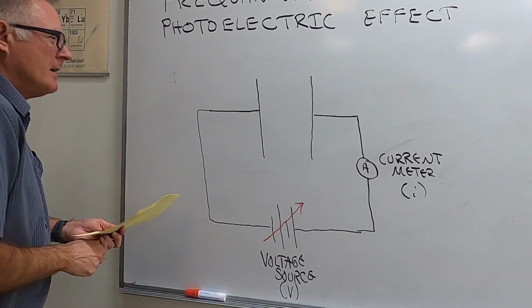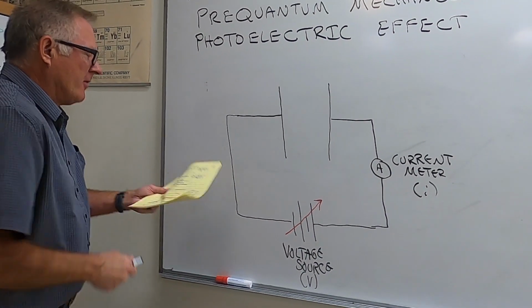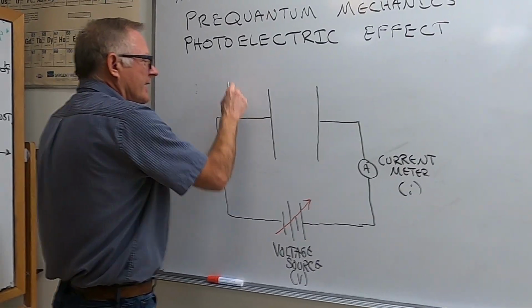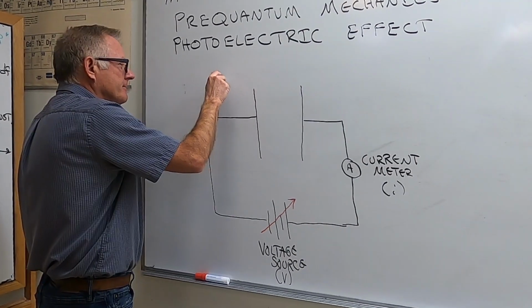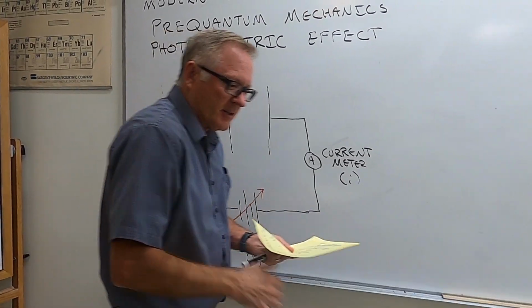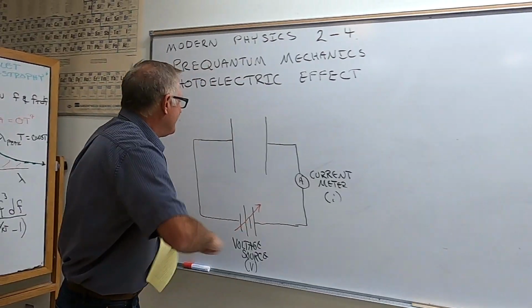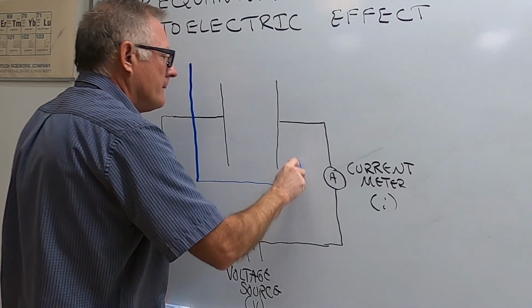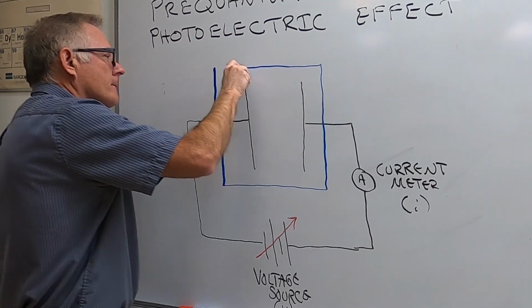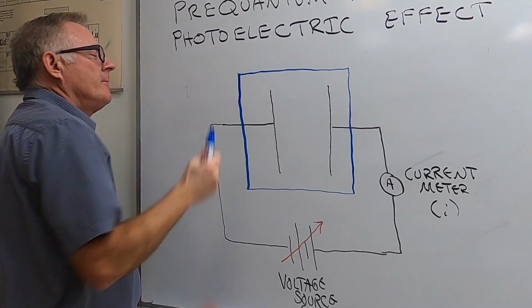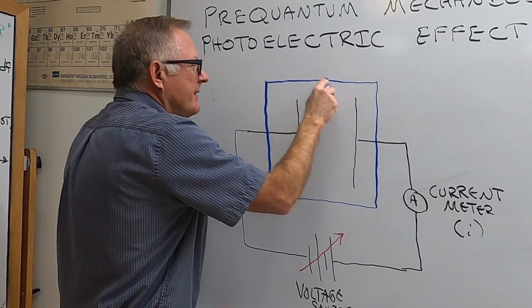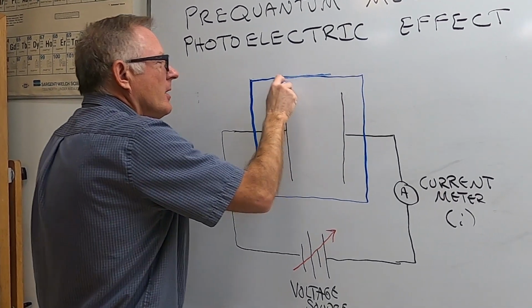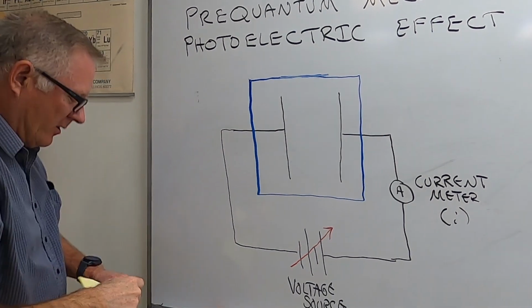Right. So what I'm going to do now is put this section into a vacuum. Maybe I'll put that in a different color. We'll encase this in a vacuum right here, and then I'll put a little window right there. This is a window because I want light to get in.